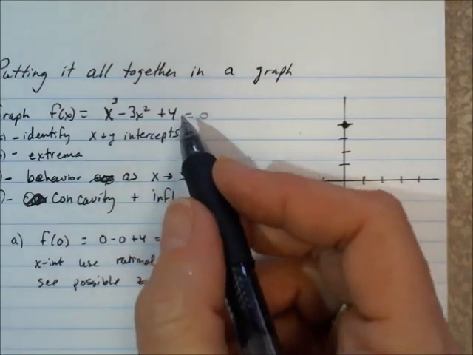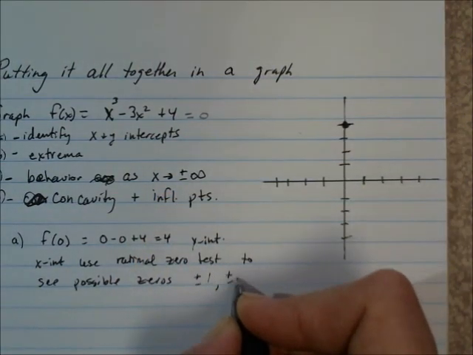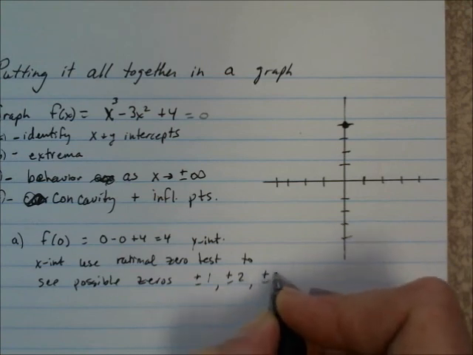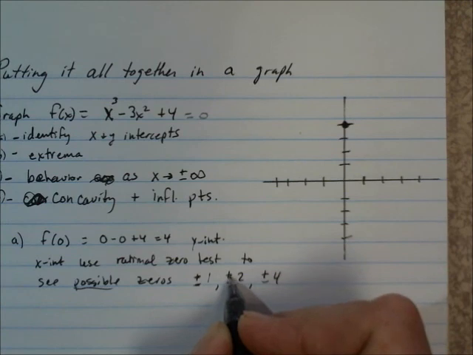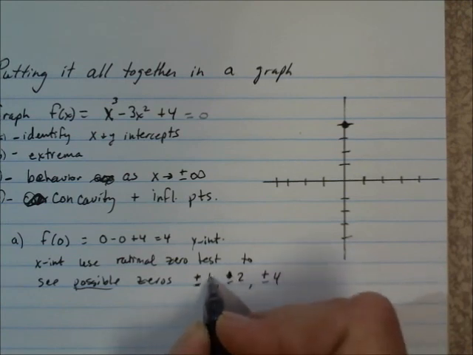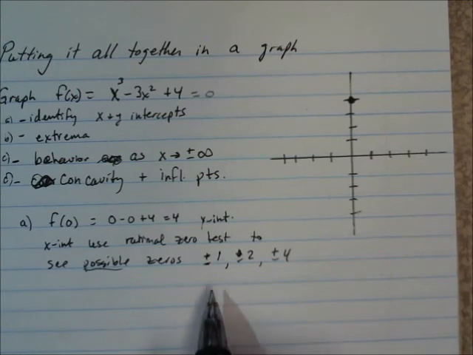So the possible rational zeros here are plus and minus 1, plus and minus 2, and plus and minus 4. Well, how do we tell which ones are for sure? What we're going to have to do is some synthetic division to see where we get a remainder of 0.